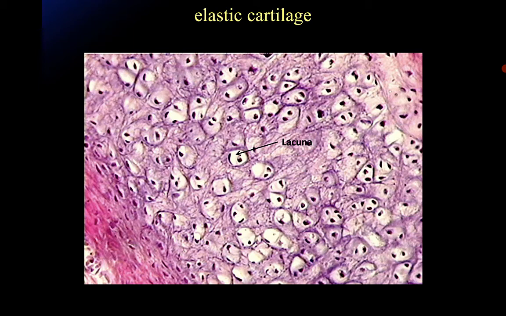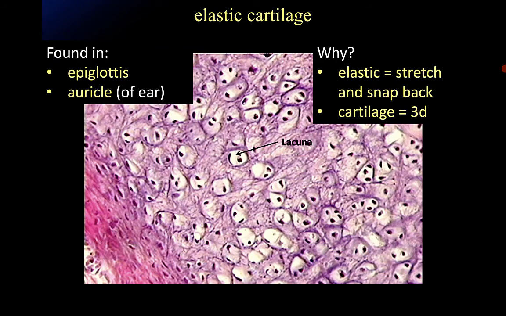So we still need to think, where do I need something that's going to stretch and snap back, but has to be kind of a three-dimensional structure? Reach up and grab your ear and bend it and let go. It's going to snap right back into place. So, because elastic cartilage can stretch and snap back, because cartilage is three-dimensional, this will form the auricle or pinna of our ear, and it also forms our epiglottis.